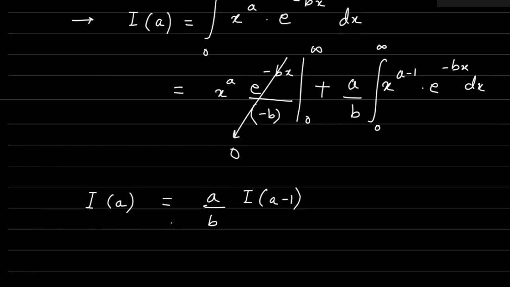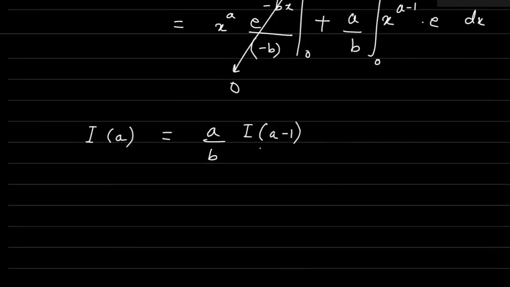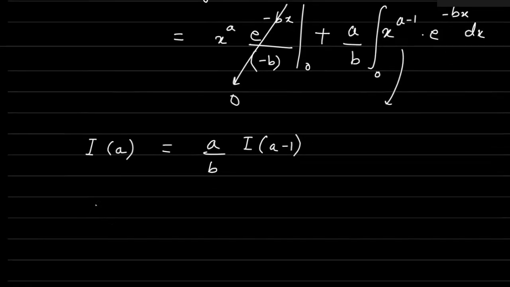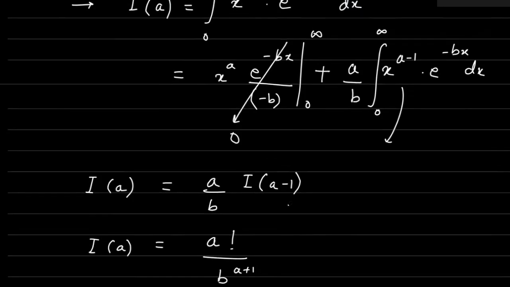Clearly, now you can see that when you differentiate this thing later on, a minus 1 will drop and it will go on, and I of a will become a factorial by b to the power a plus 1. It is very easy to see that.